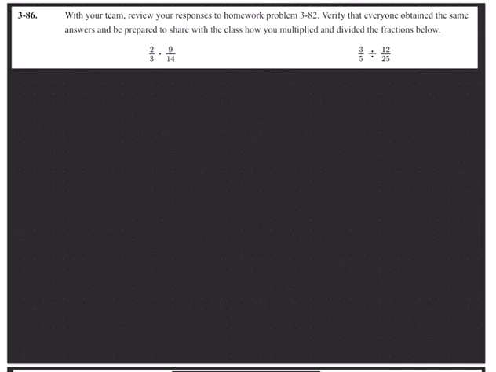So we already kind of worked on these problems, so we're just going to go through my thought process. My thought process could be different than your thought process, but I'm going to give you mine, right? For that first one, we have 2/3 times 9 over 14. When we're multiplying fractions, we're multiplying straight across, right? So this would have been 2 times 9 over 3 times 14.